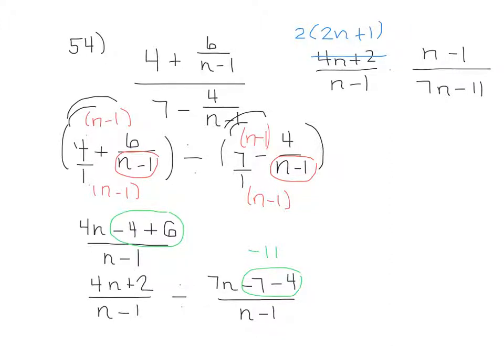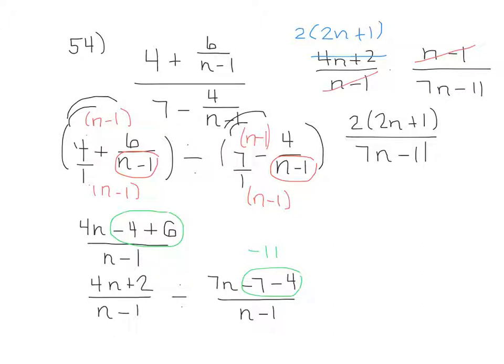Well, n minus 1 over n minus 1 cancels. And then what we have left in the numerator would just be our 2 times the 2n plus 1 over our 7n minus 11. Nothing more that they have in common.